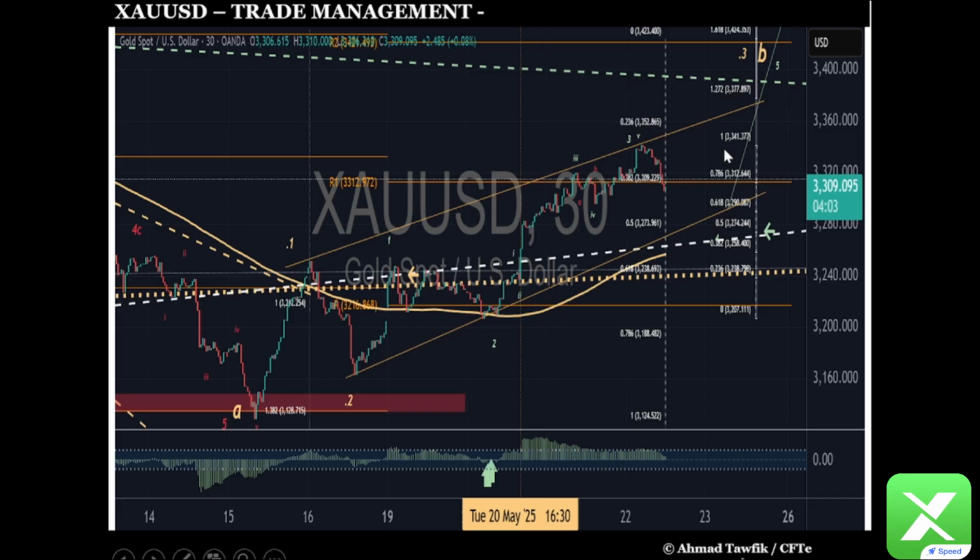On Thursday, the more fundamentally impacting release for markets is going to be the gross domestic product of the United States. If it's negative, it will drive gold very strongly to the upside. Now, why? Because Congress has just passed the law to decrease taxes, cut taxes.